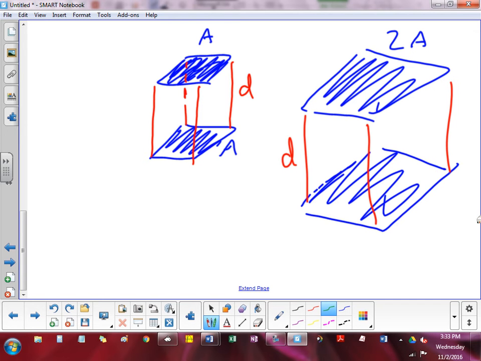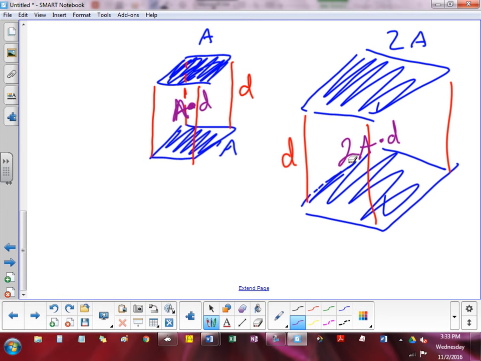Inside here, you have a certain amount of volume. It's area of the base, A, times D. And here you have basically 2A times D, right? So there's twice the volume, as you can see, but the plates are the same distance apart. I tried to draw them the same distance apart. So the red segments are all the same, but the plate areas are twice as big on the second drawing.